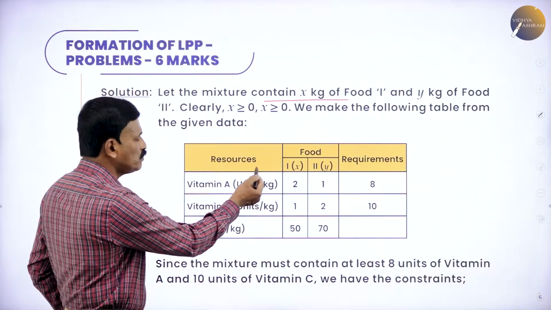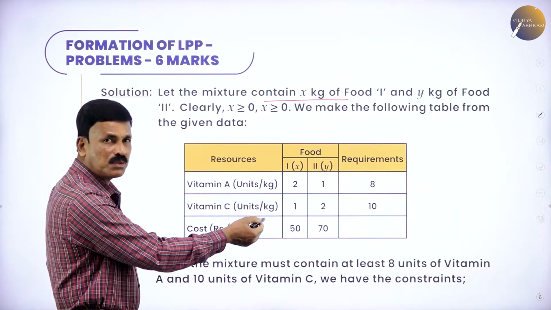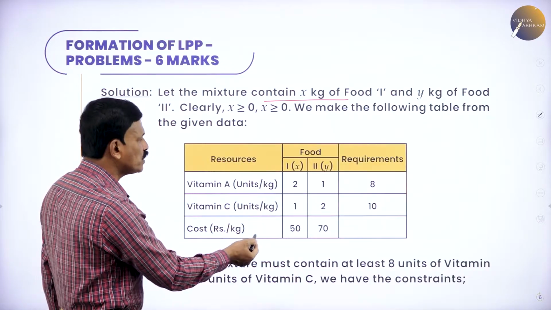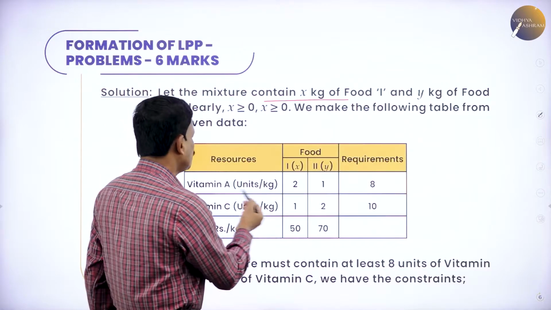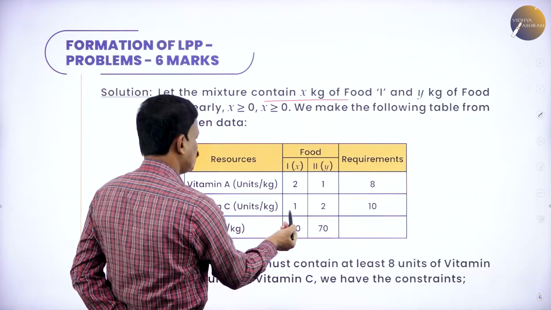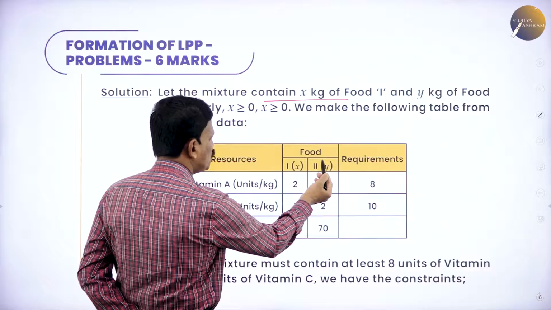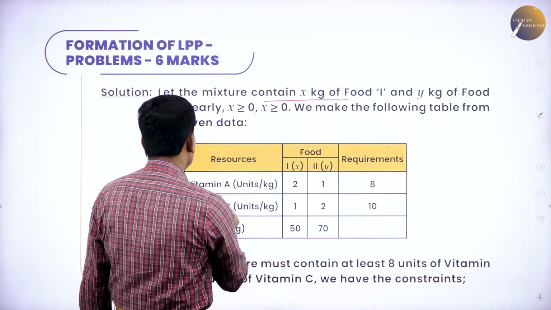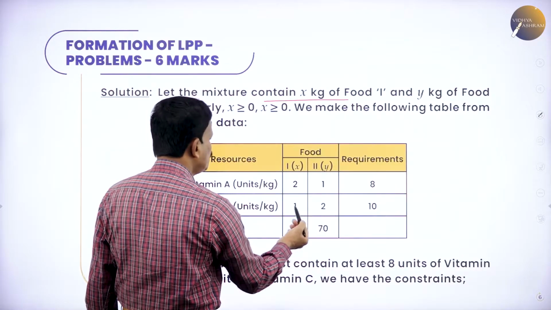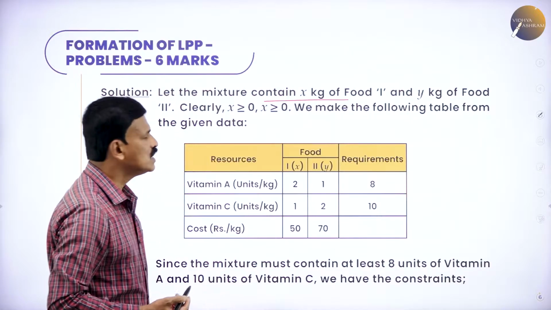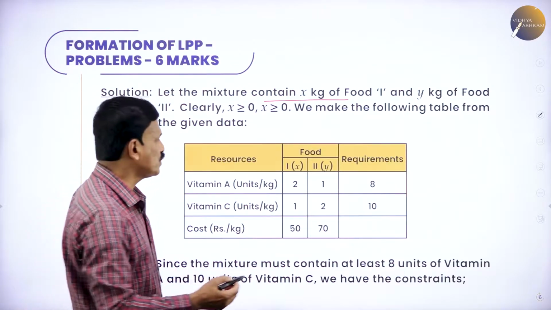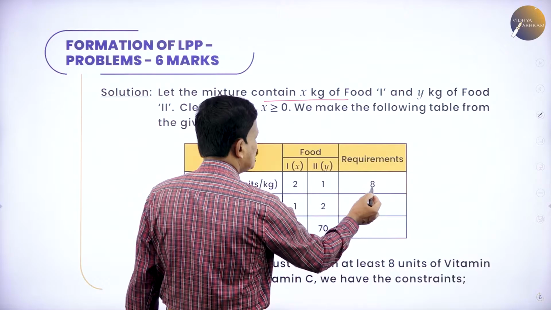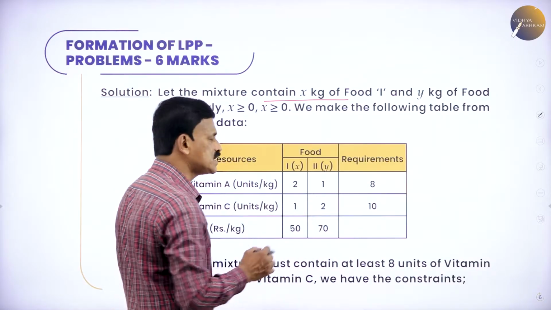Vitamin A units per kg, vitamin C units per kg. Food 1 contains vitamin A 2 and vitamin C 1, and food 2 contains vitamin A 1 unit and vitamin C 2 units. The requirement is vitamin A 8 units and vitamin C 10 units.